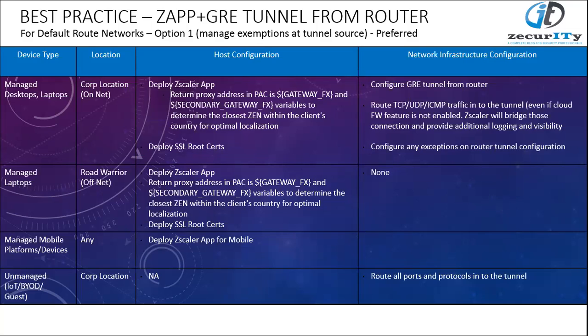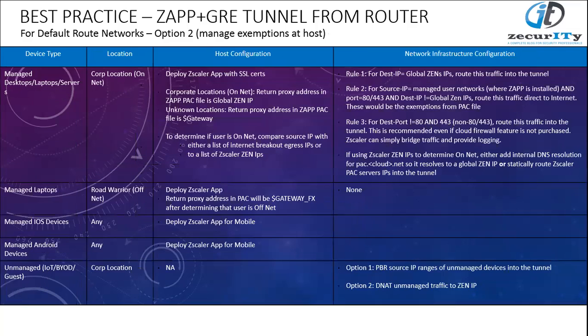Once the traffic reaches Zscaler via the GRE, at the Zscaler portal you can configure the subnets for IoT, BYOD, and guest, and disable the authentication and SSL inspection for better device access, as IoT devices or guest users may not be able to authenticate, and we cannot install the certificates on third-party guest user machines or BYOD devices. So it is better to disable SSL inspection and authentication for those subnets.